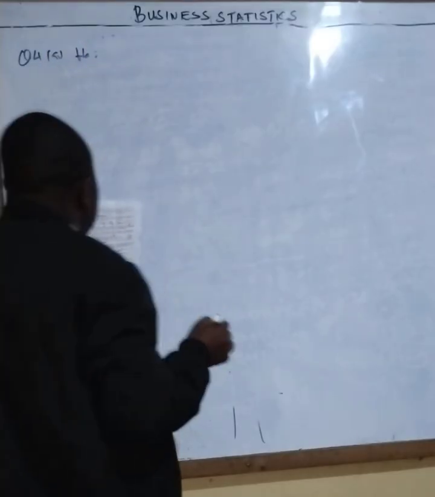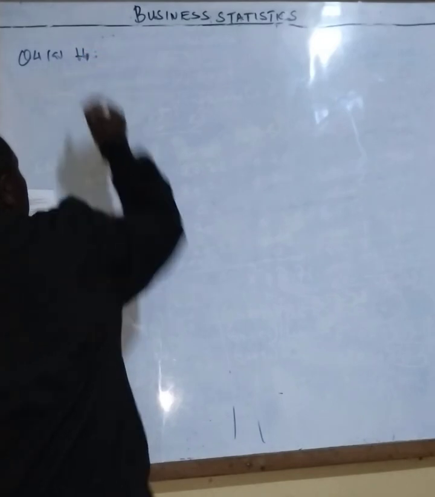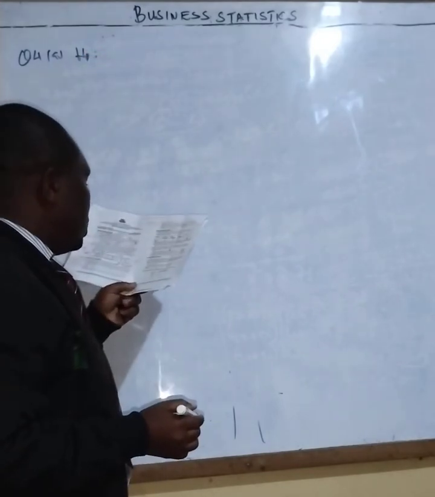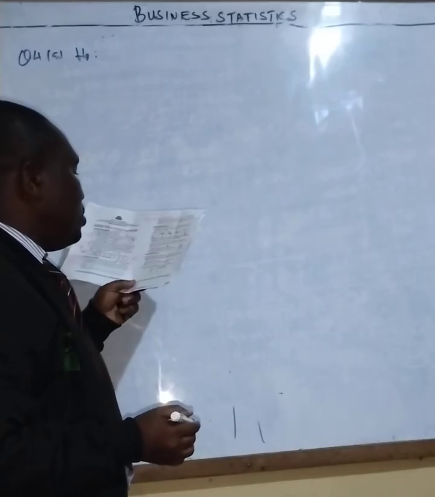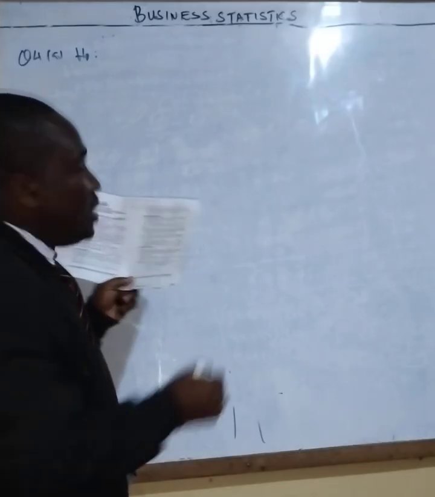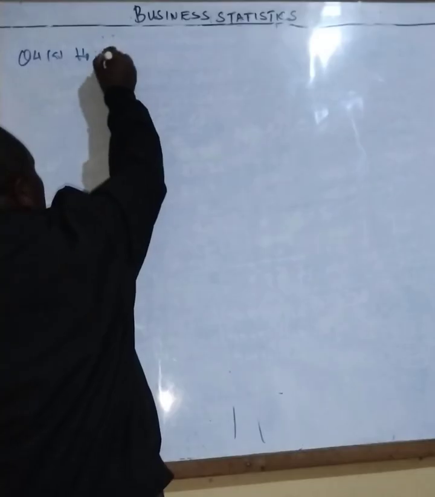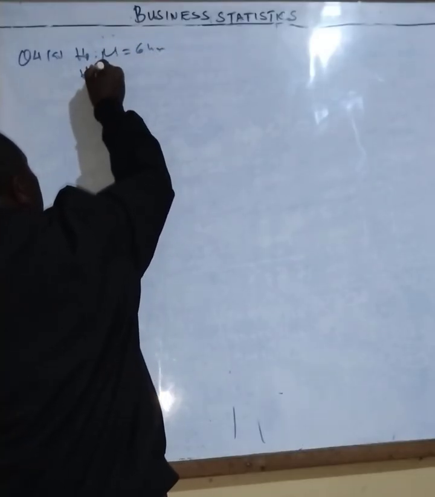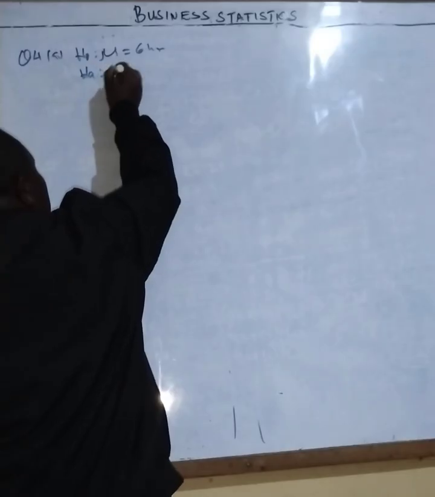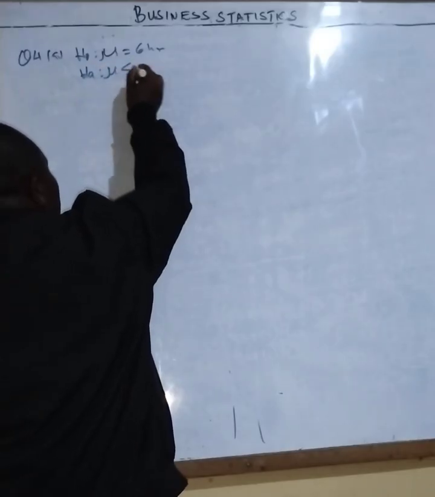Hypothesis, that is the null hypothesis. We have been told a courier service advertises that its average delivery time is less than 6 hours. So you can say in this case now the average is 6 hours. Then we work against it and say this one is less than.